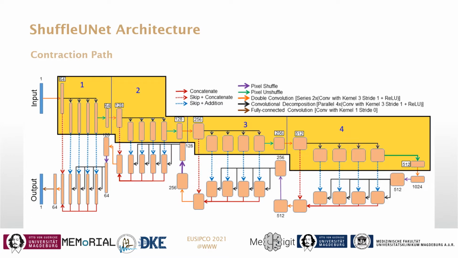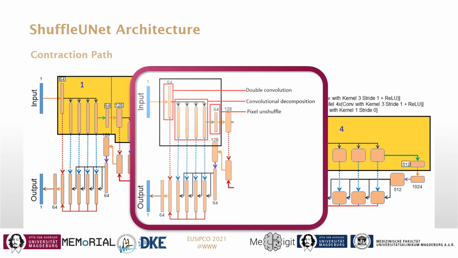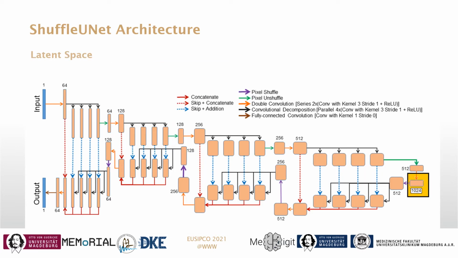First is the contraction path, which condenses the supplied data into a latent representation. This path contains 4 contraction blocks. Each of the blocks contains a double convolution, a set of convolutional decomposition operations, and finally a pixel unshuffle layer. Next, in the ShuffleUNet architecture, we have the latent space.